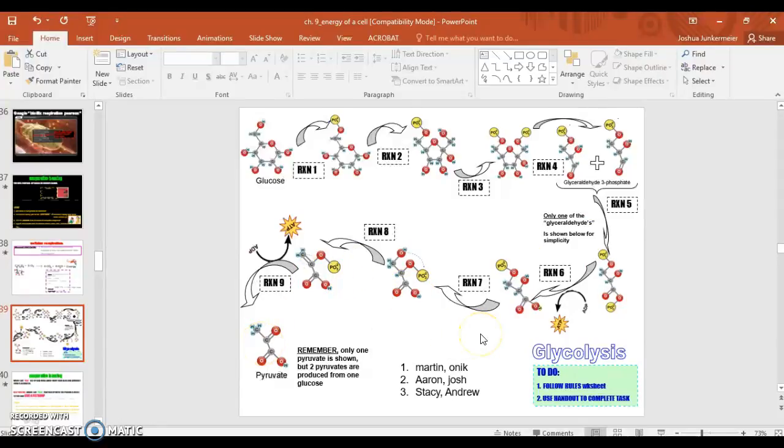And if you're thinking, does that mean there's 2 ATP here, really, and 2 ATP here, really? That is correct. So again, there's 2 smaller structures here, but I only drew 1 on this slide for simplicity, so it didn't take up too much space. I just didn't draw each one. And there's a reminder here too. Although there's only 1 pyruvate shown, there's actually 2.